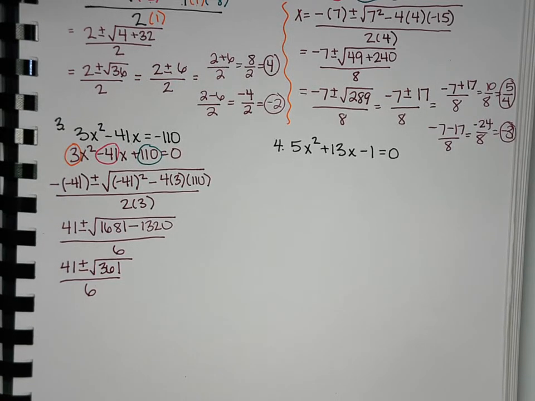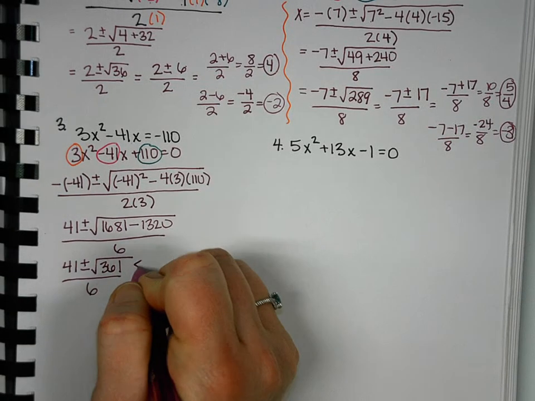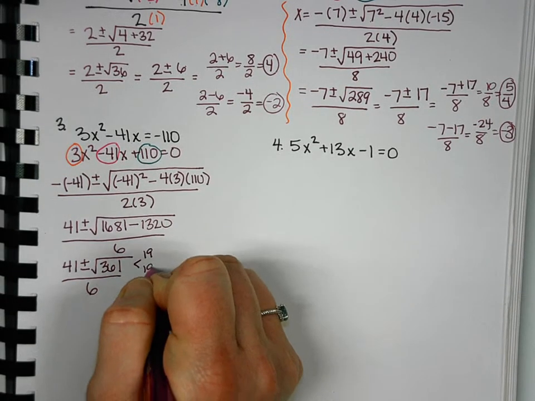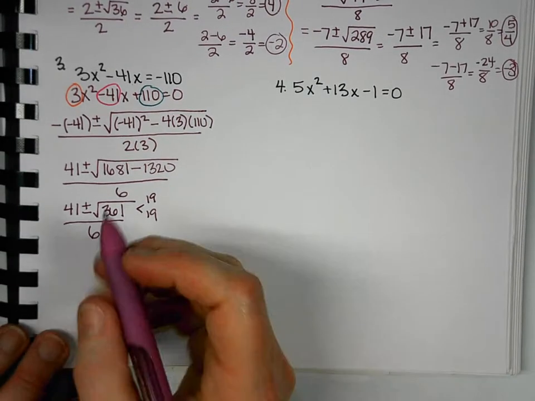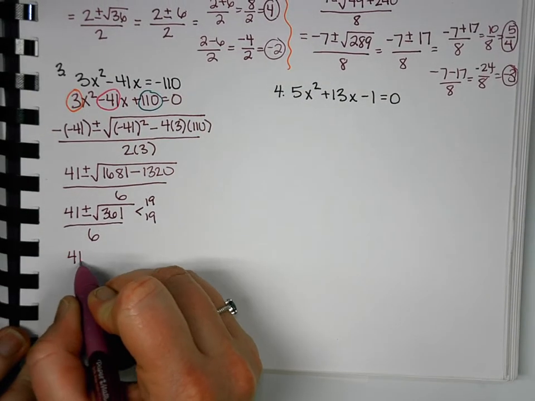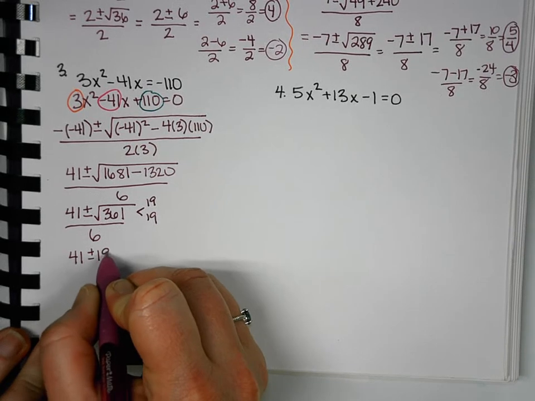Can you think of a number that goes into 361? 7. No, 3. No, 13. No. 27. 19. It's actually a perfect square. It's 19 times 19. Should have told me that. I was trying to see if you would figure it out.